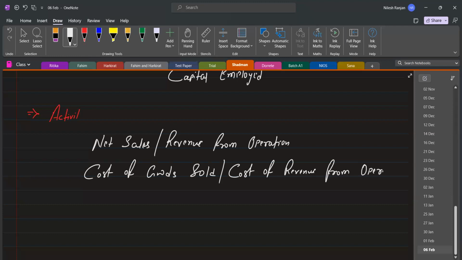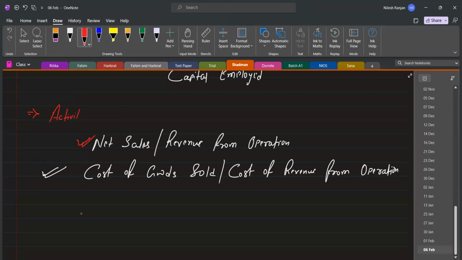Now, in this formula, we have to use cost of revenue from operation, this one. So you have to see if this information is given in the question, then we have to use it. If it is not given, then we have to calculate the cost of goods sold. But if neither of these is possible, then we will take net sales.